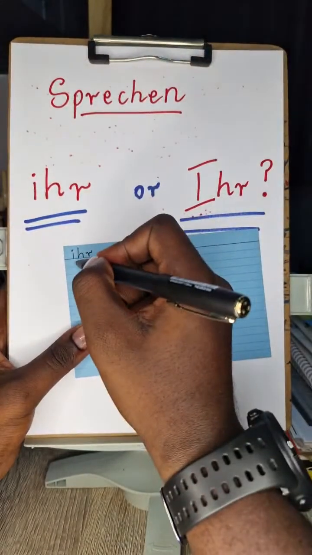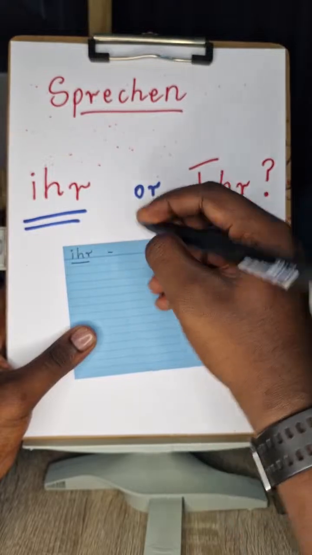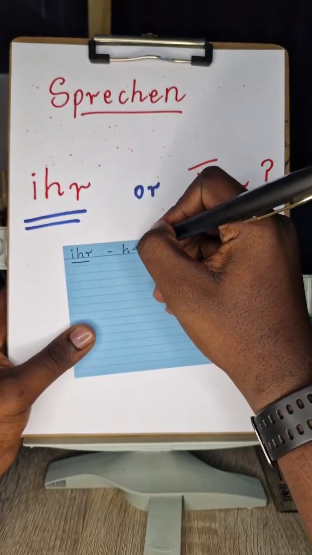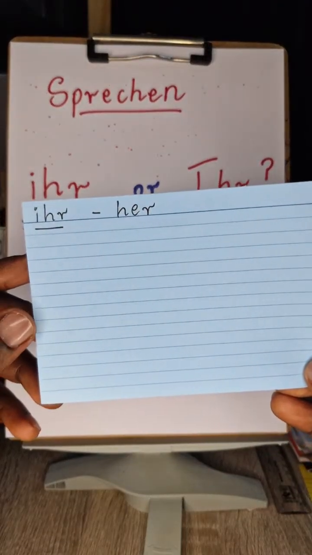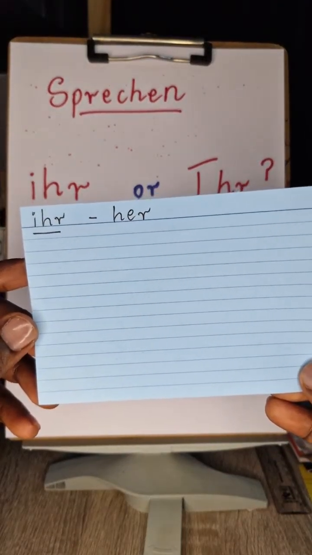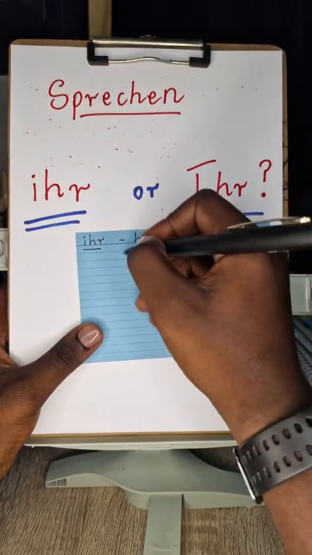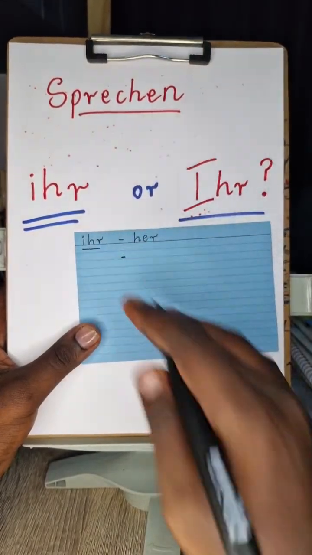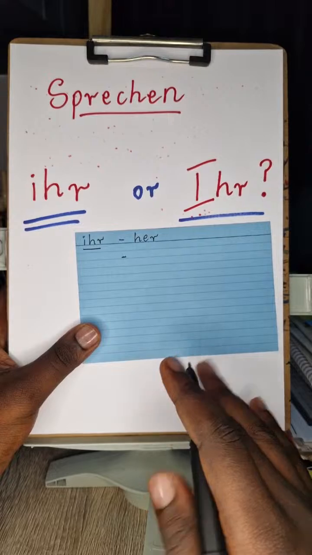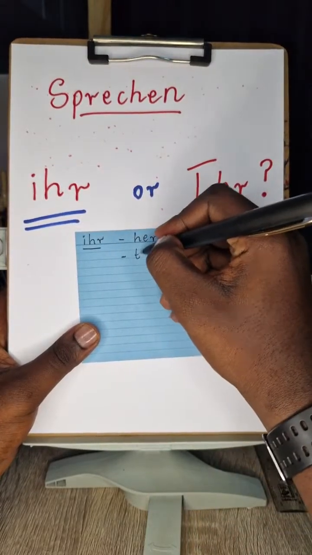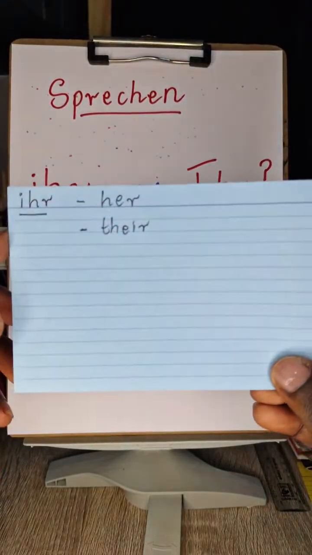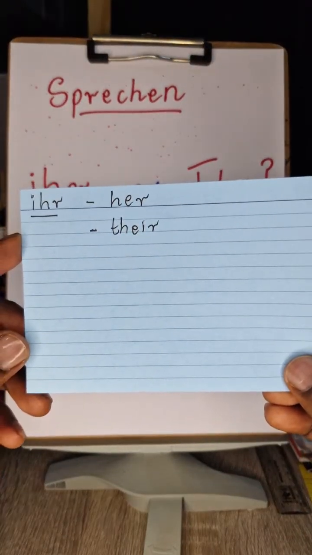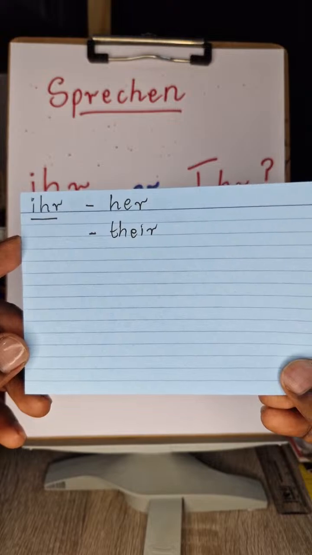So this "ihr", this one here means her. Now it has three different meanings, okay? So this "ihr" means her. That's the first meaning. Number two, the same "ihr" means their. Look at that. So it means her. It also means their.